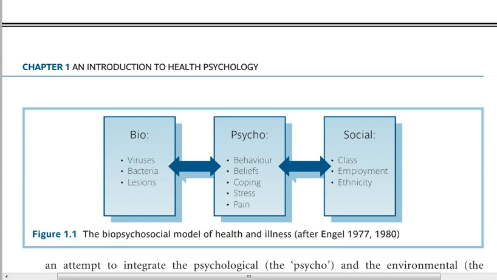The first block, bio: viruses, bacteria, lesions. The second block, psycho: behavior, beliefs, coping, stress, pain. The third block, social: class, employment, ethnicity.